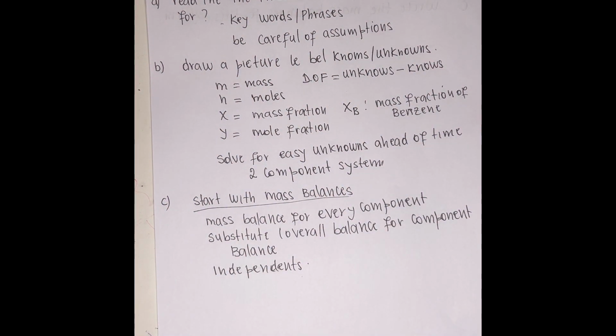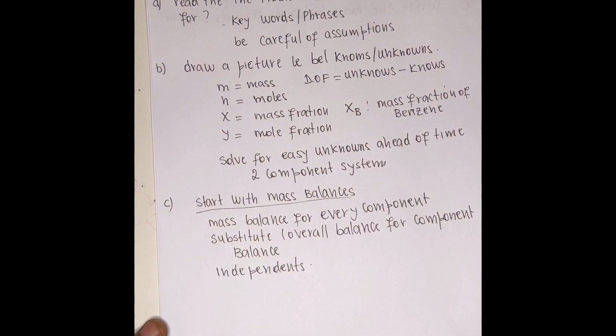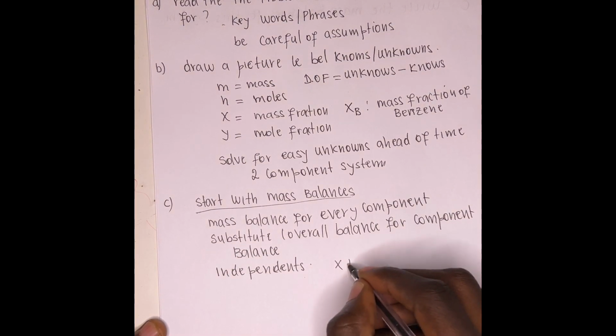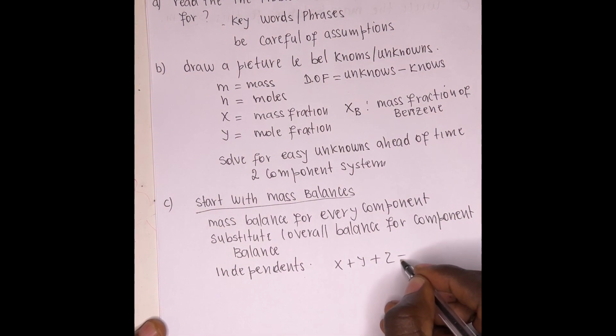So guys, what does it mean there? When you are given a question or any chemical reaction, make sure to solve where you find few unknowns. Let's say you have a question with 3 unknowns and another with 2, just go for the 2, because the smaller one is easier to solve. Let's make an example. Let's say you have x plus y plus z equal to 1.